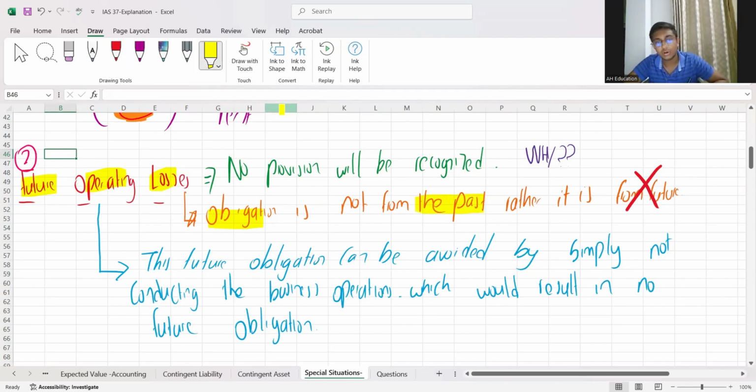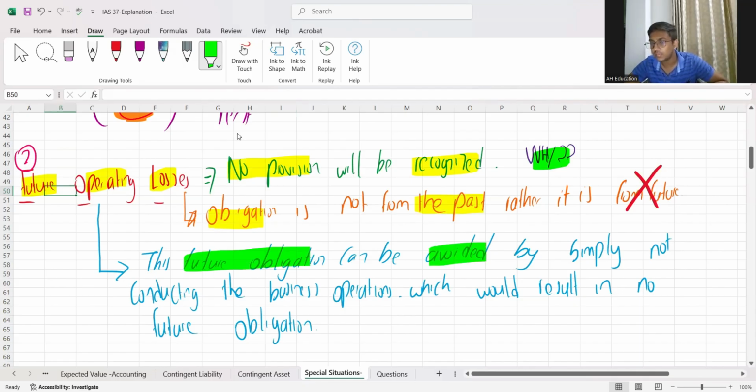So therefore, you all will not be recognizing any provision. You all can ask me why, because I also had this doubt. See, this loss is going to occur in my future, right? It's a future obligation. It is not a present obligation. And obviously, I can avoid this loss by different ways. Number one, rather than conducting my business, obviously, if I conduct my business only, I'll have operations. If I have operations only, I'll incur loss.